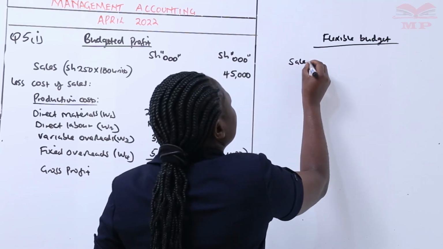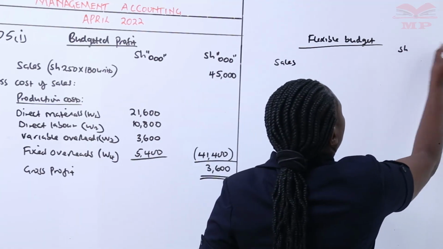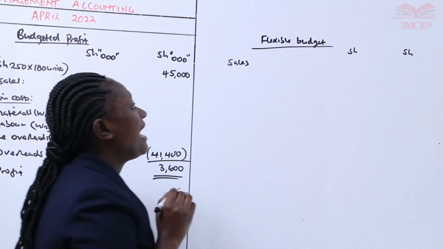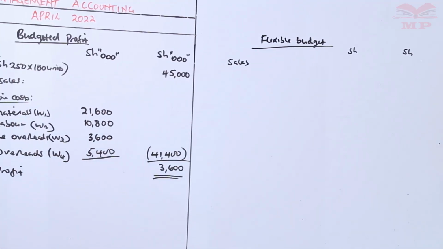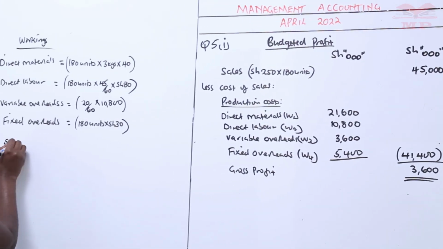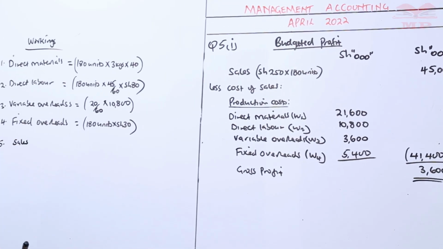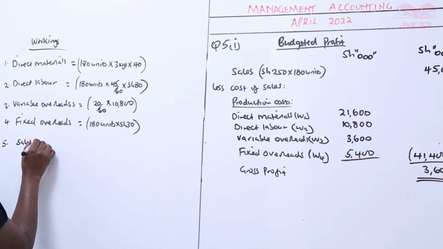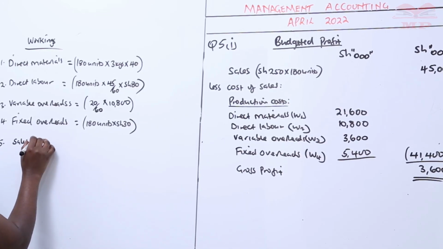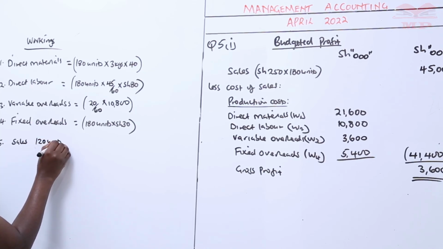Show the sales. And how are we calculating sales? These are working number 5. Production in this case is 120,000, so we have 120,000 units.